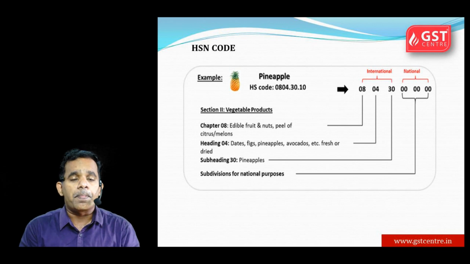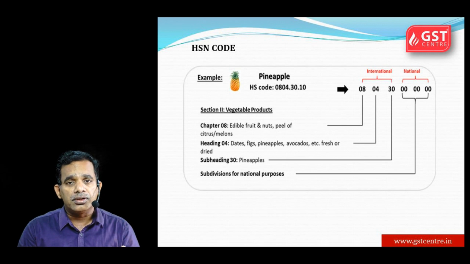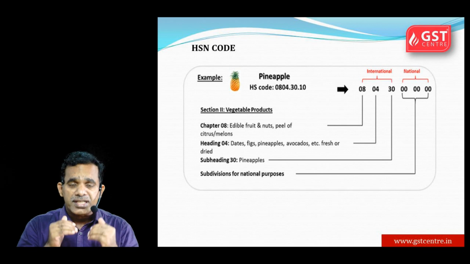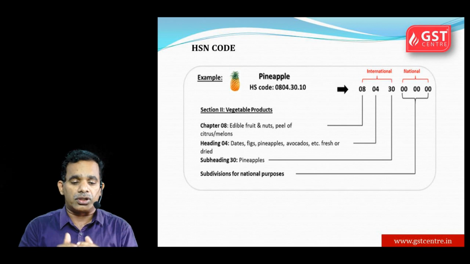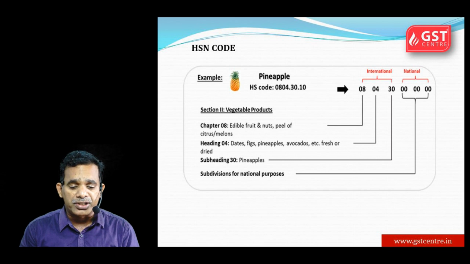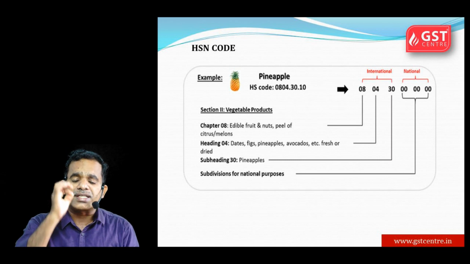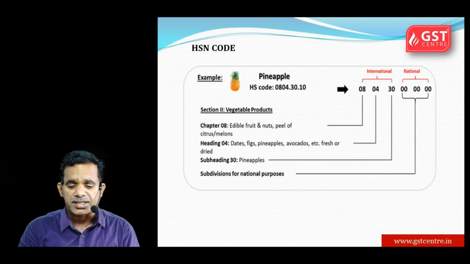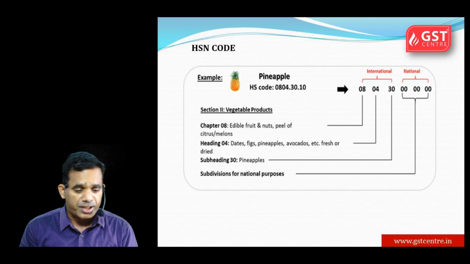That is why each product comes with a separate universal code. For example, for pineapple the HSN code is 0804.30.10. The international code is the first 6 digits, that is 080430, and we can get it in Section 2, that is vegetable products.